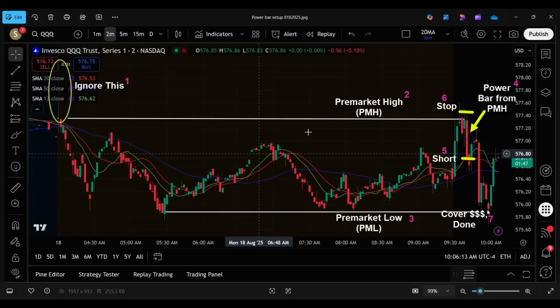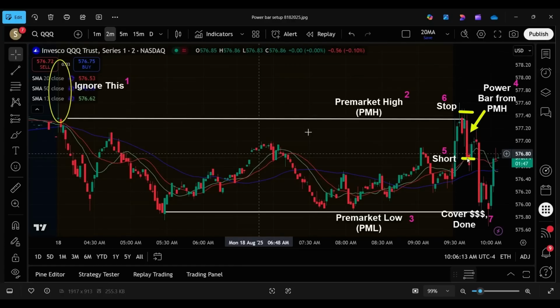And that's basically it. Ignore crazy bars, mark the high, mark the pre-market low, look for a power bar. Maybe it doesn't form and then there's no setup, right? That's the answer to that question. If there is no power bar that originates at the pre-market high or the pre-market low, then there's no trade. If there is a power bar from the pre-market high that moves lower, that's the short.